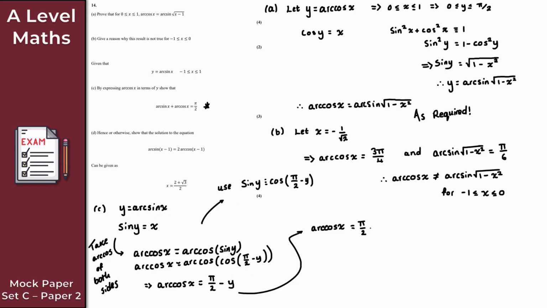So pi over 2 minus arc sine x. So just add arc sine x to both sides here. And therefore arc sine x plus arc cos x is equal to pi over 2, as required.